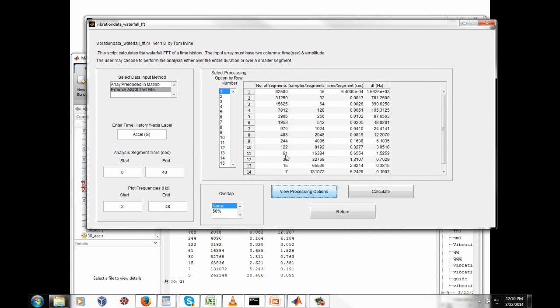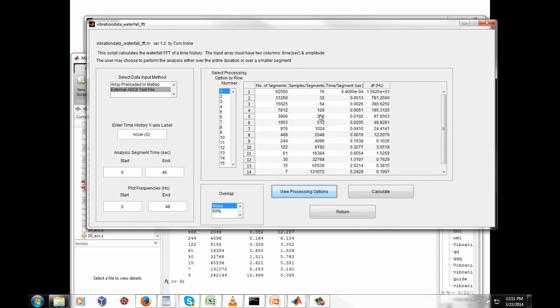And typically I want to choose a Waterfall FFT that has about 40 or so segments. So I have 2 choices there. I can either be higher or lower than 40. And then we have the time per segment. And then we have the delta F, the frequency. So this will be the frequency step.